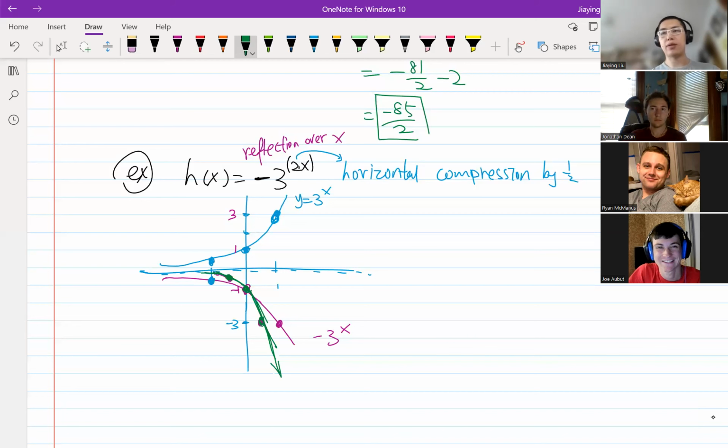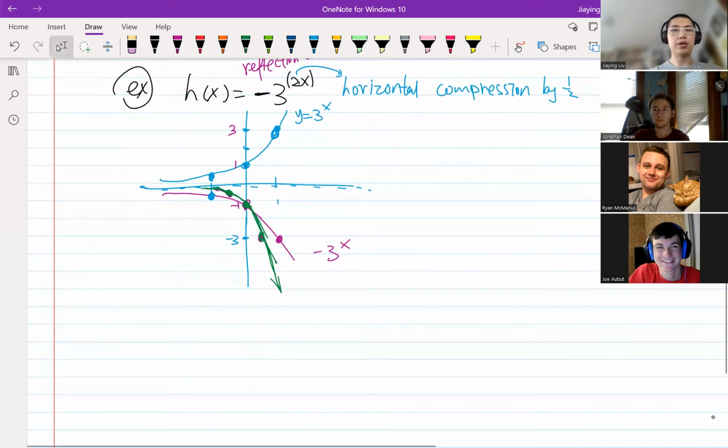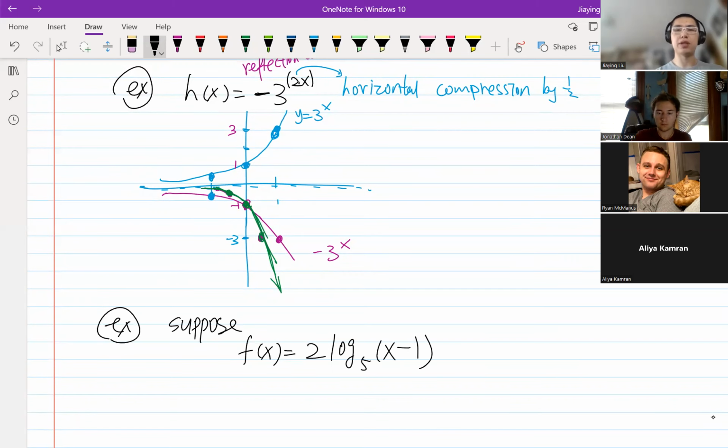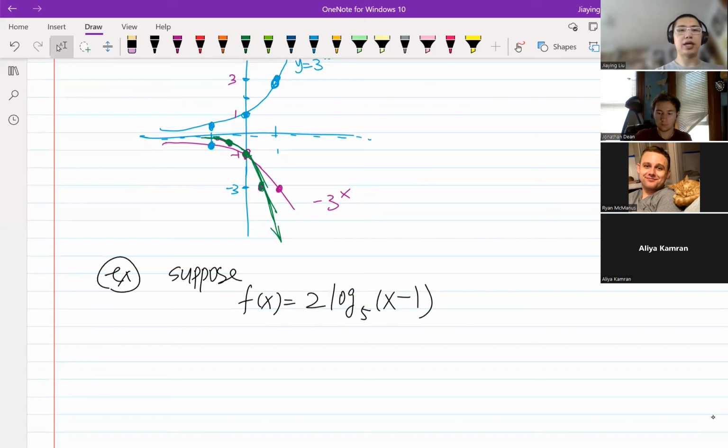And another example on logs. Suppose we have f(x) = 2 log base 5 of (x - 1). So that's f(x).